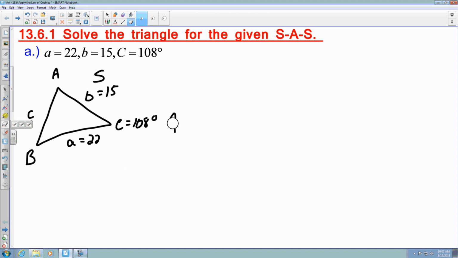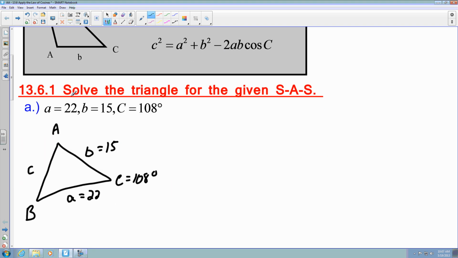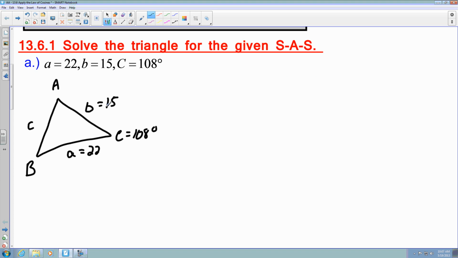Now we incorporate the formula that we have up top. In this case, we don't know what c is, so we're going to use c squared equals a squared plus b squared minus 2ab cosine of C. Let's put in the givens.